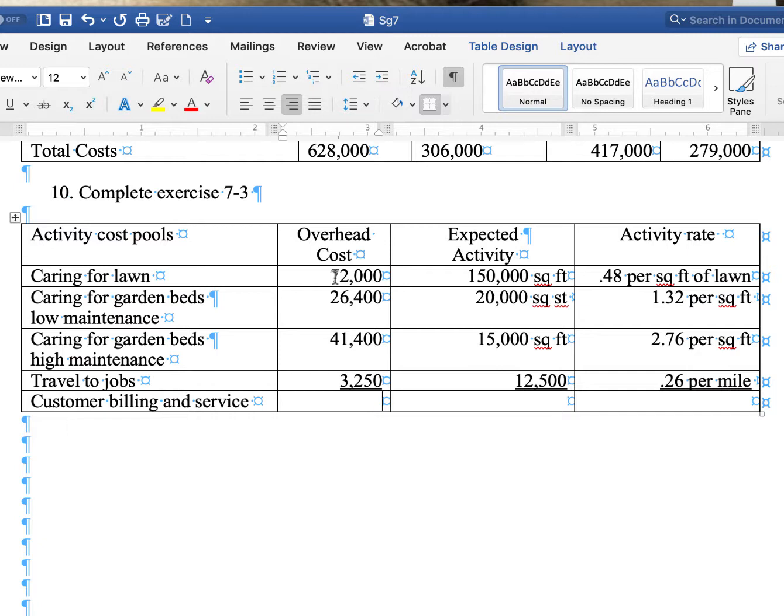Well, the estimated cost is $8,750. We divide that by the expected activity level. Well, we expect 25 customers. So that means we have $350 per customer. And that is how you calculate activity rates.